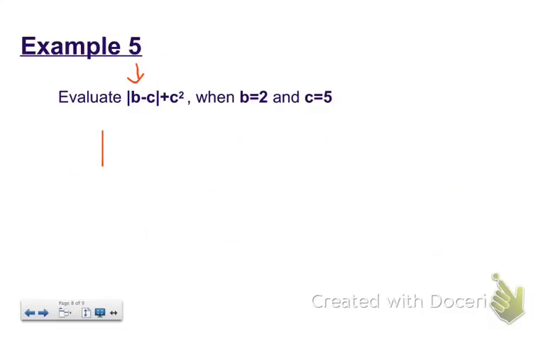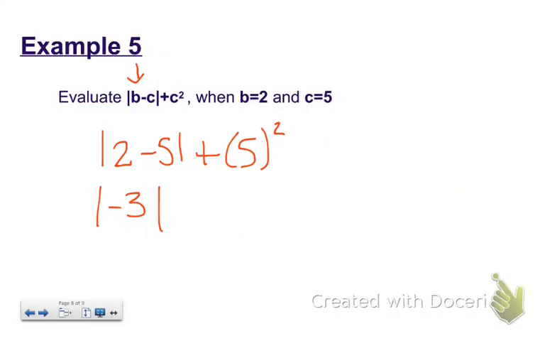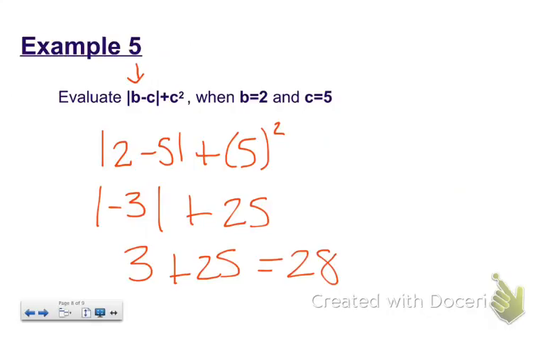You get absolute value of 2 minus 5, plus 5 squared. 2 minus 5 is negative 3, so the absolute value of that plus 5 squared is 25. Well, the absolute value of negative 3 is positive 3, plus 25 has to equal 28. And that's it for that section.